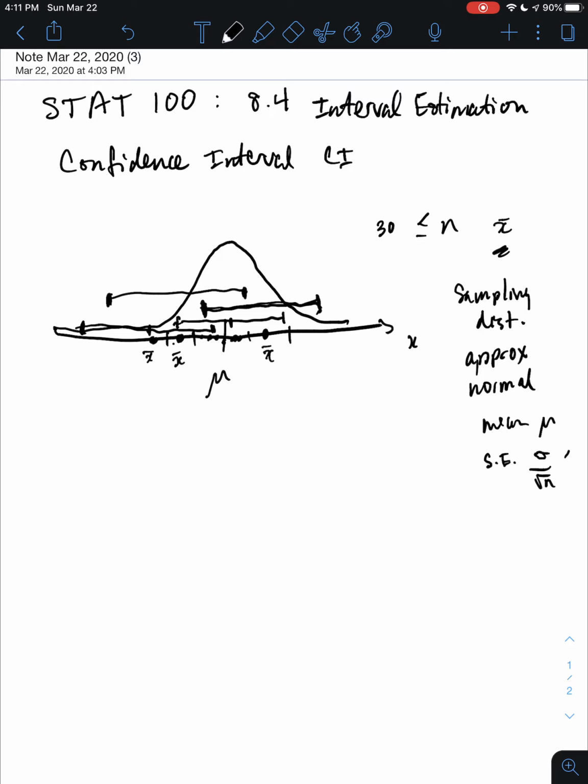Because 95% of our measurements are within, not of our measurements, but 95% of our x bars are within two standard deviations of mu. That means 95% of the time we do this, mu is going to be within two standard deviations of our x bar. So we expect someone to be unlucky like Amy only one time in 20.